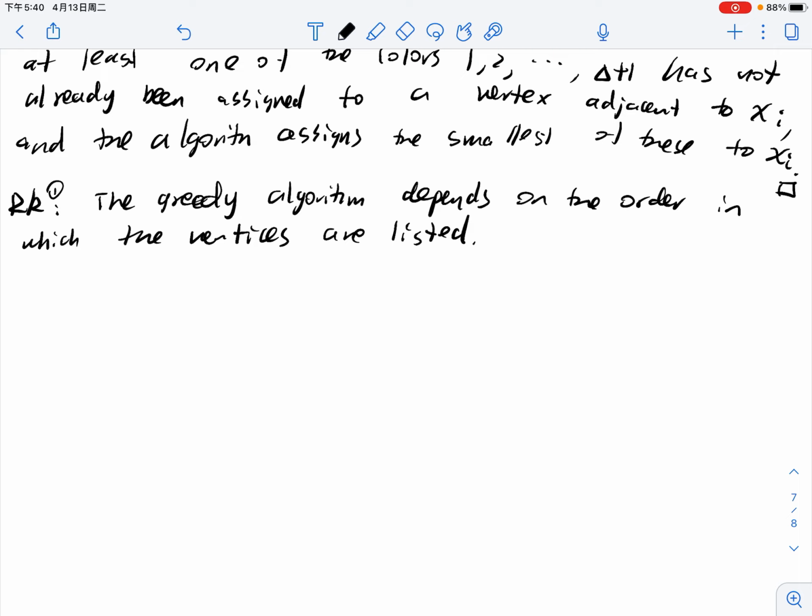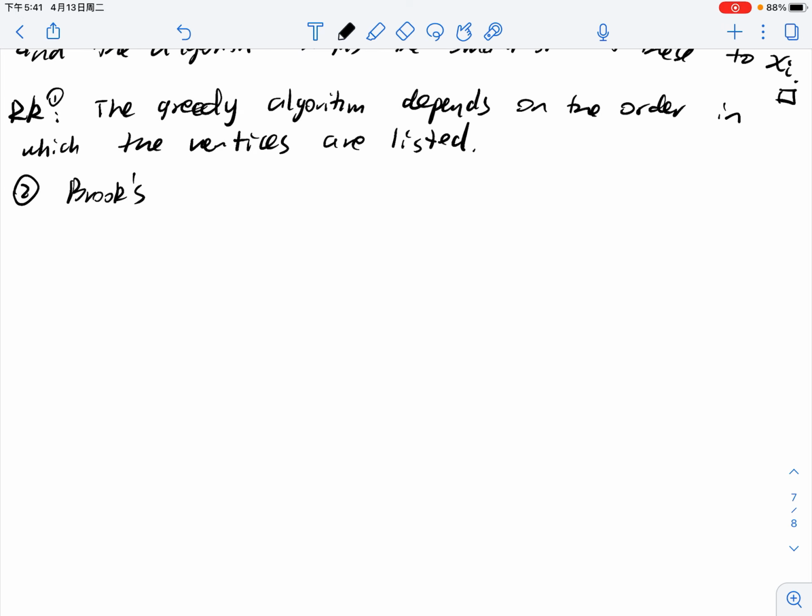If you choose different orders, then the algorithm has different running time, and the result will be different. And secondly, actually this theorem can be strengthened a little bit, although the effort to get the strong form is much more than the proof we give here.